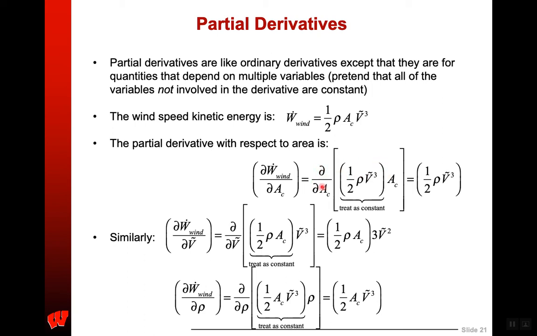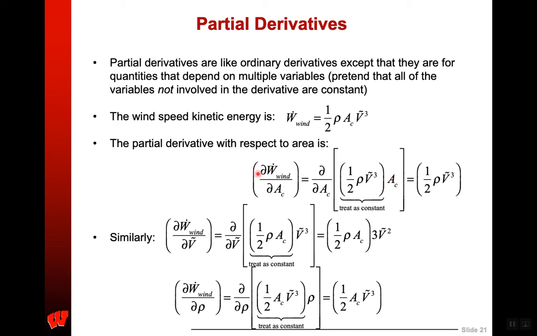Now I know with regular derivatives, so this is my variable. I'm not changing density. I'm not changing velocity. So all this thing here is a constant, right? And so what do you do? You take the power down by 1. Right, so this goes away.